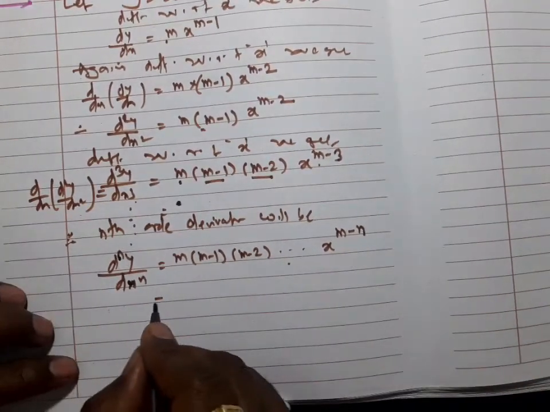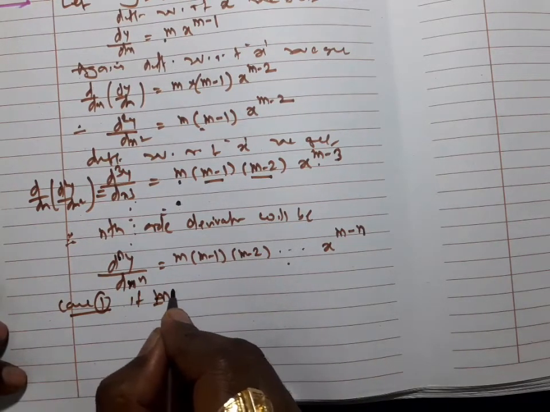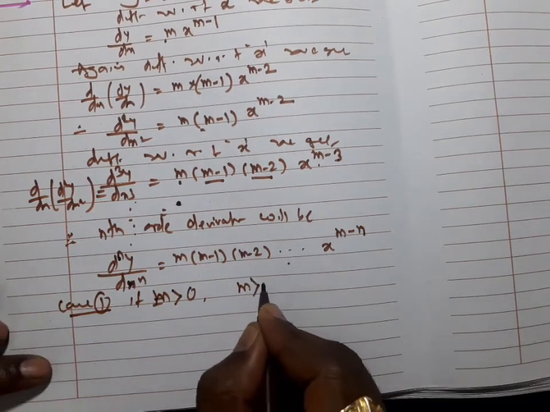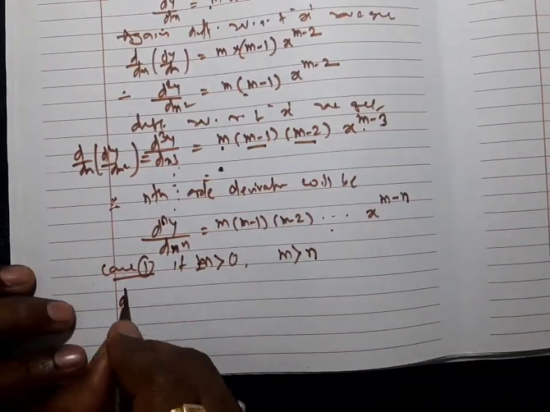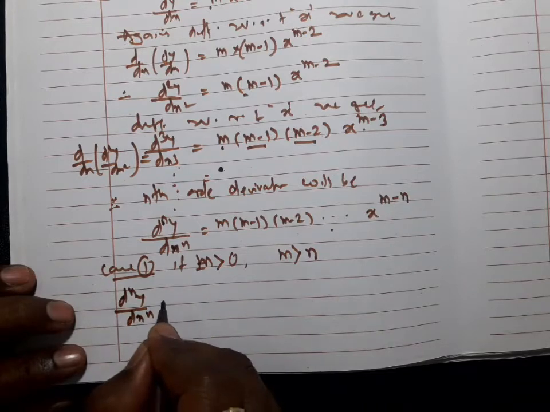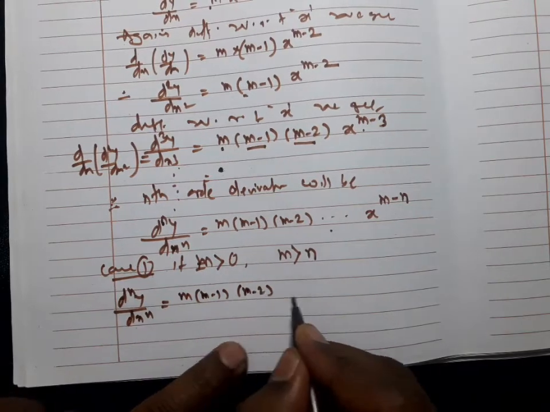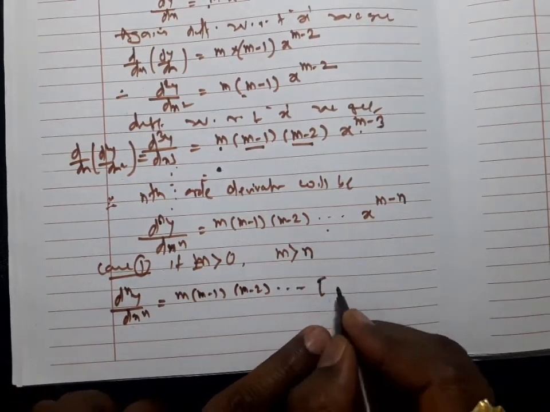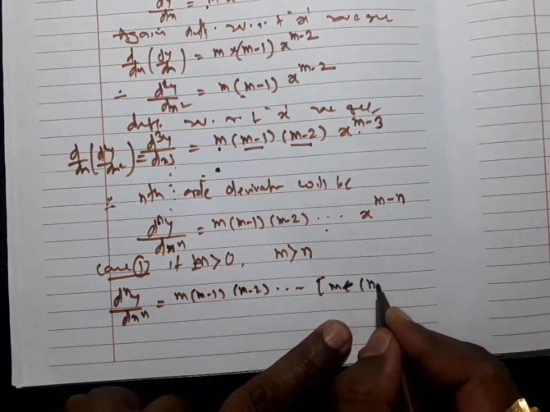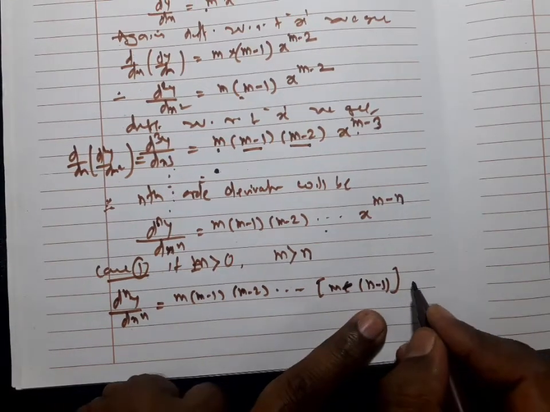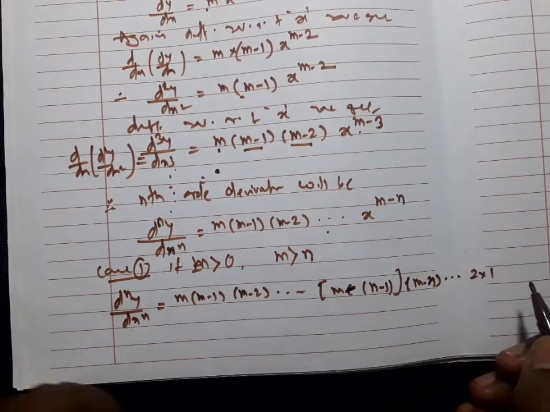This will be equal to case number 1. If m is positive and m is greater than n, then dny by dx raised to n will be m into m minus 1, m minus 2, dot dot dot, m minus, now here n is coming, so it is n minus 1, m minus n, and finally 2 into 1.